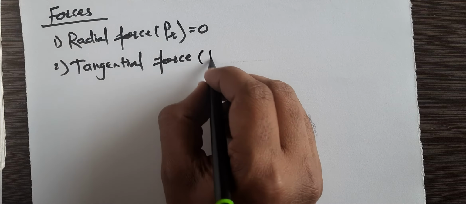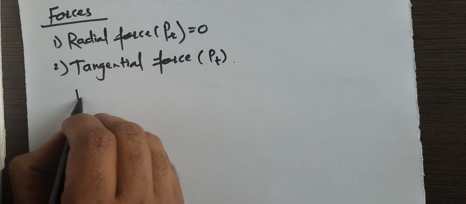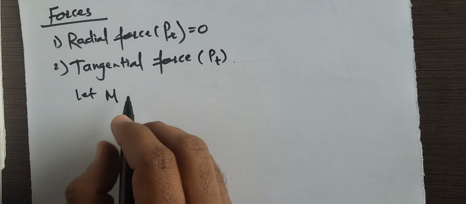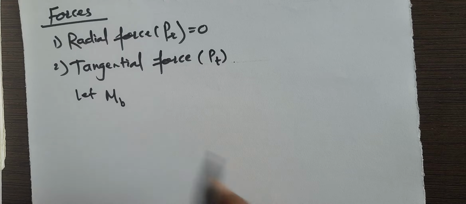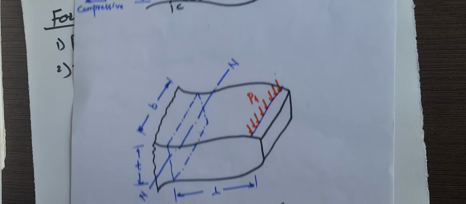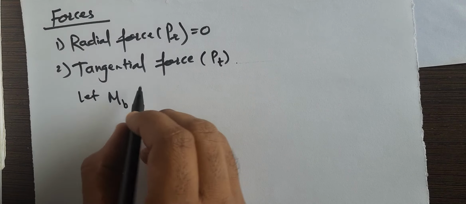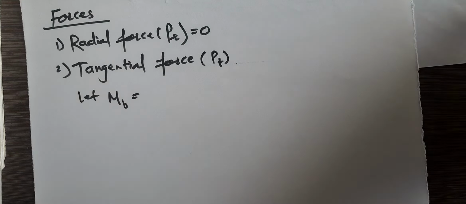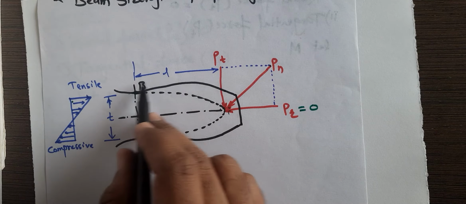Let us assume that capital M, or you can call it MB, is the maximum bending moment at section BC. In this figure, section BC is here. The maximum bending moment at the section is MB, and you can calculate it as force multiplied by perpendicular distance. Here the force is PT and the perpendicular distance is small l. So MB is equal to PT into l.